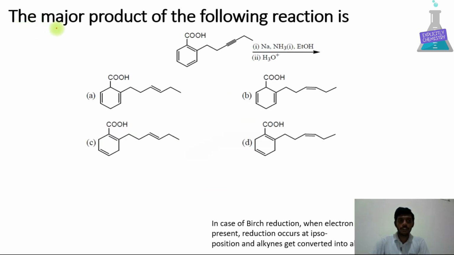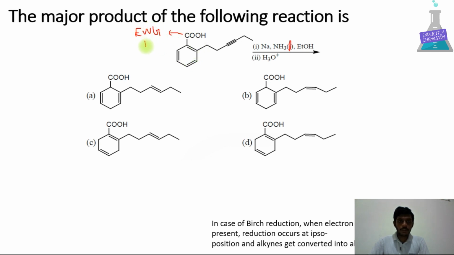You see here, the question asked is: the major product of the following reaction is. This is the starting material given, sodium in liquid ammonia in presence of ethanol. What is the product? You see, this is an electron withdrawing substituent.